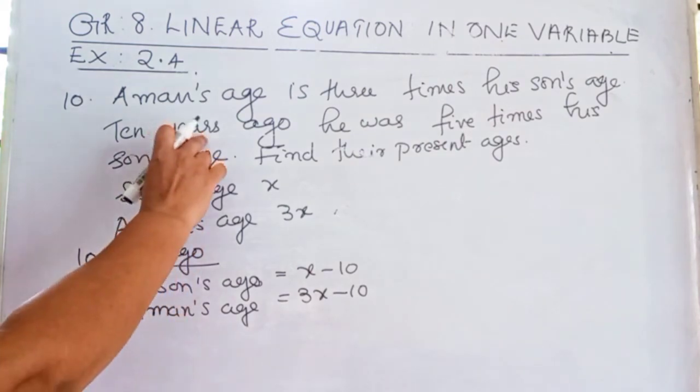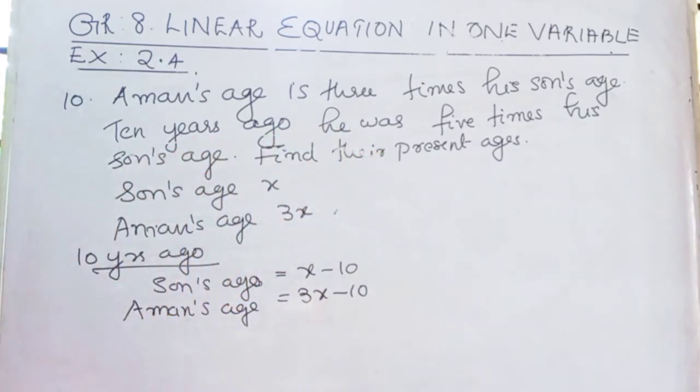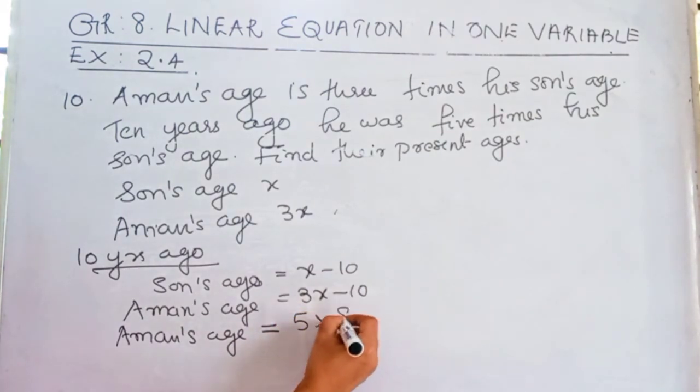And then they said 10 years ago he was 5 times his son's age. 10 years ago there is a connection between Aman's age and his son's age. Aman's age is equal to 5 times his son's age.